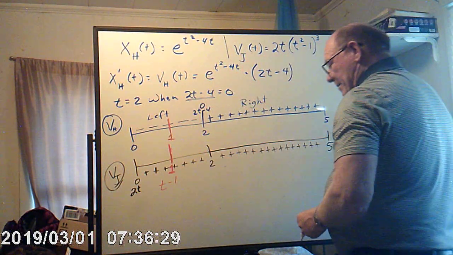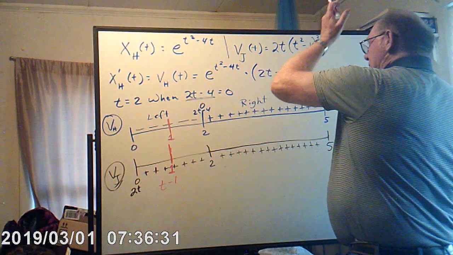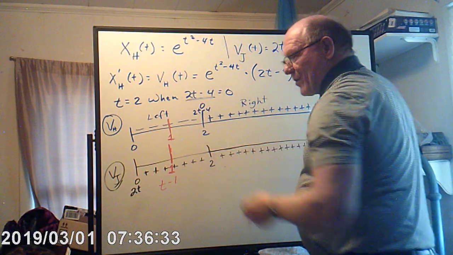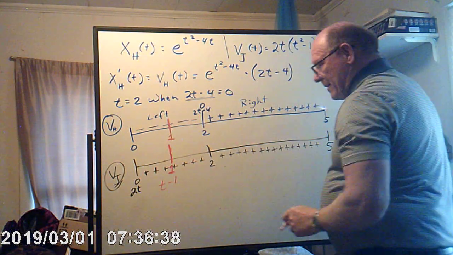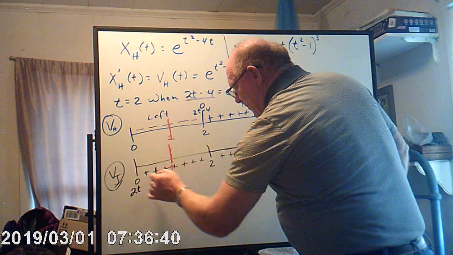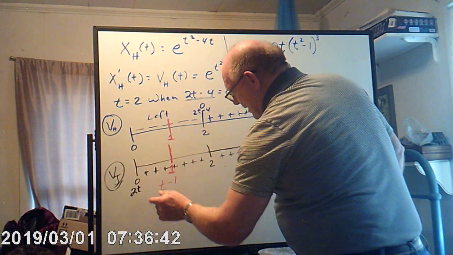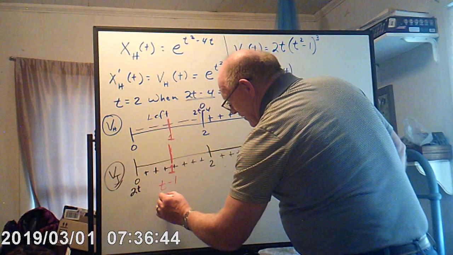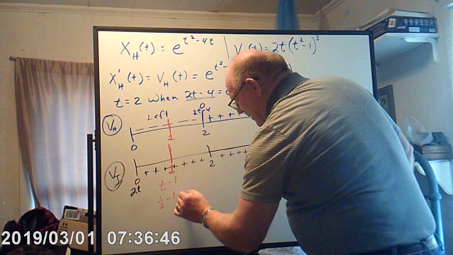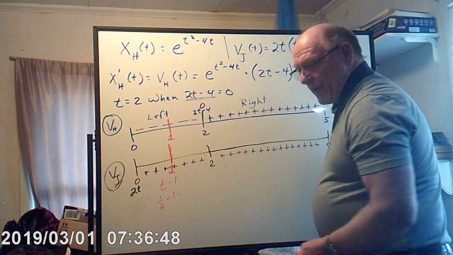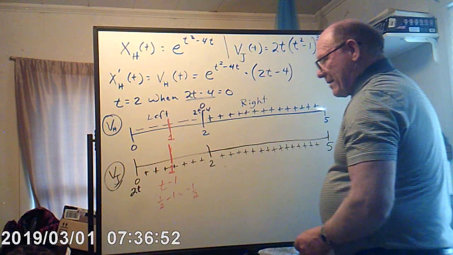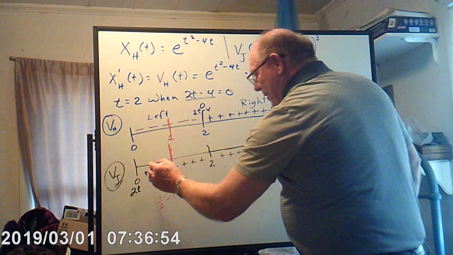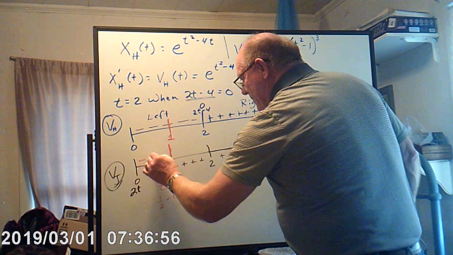We can't worry about the cube. We just took the cube root and got rid of that. So really, we're just looking at t minus 1. Now, if you pick a number to the left of 1, let's say a half. A half minus 1 is certainly negative, isn't it? It's negative 1/2. So everything to the left of 1 is negative.